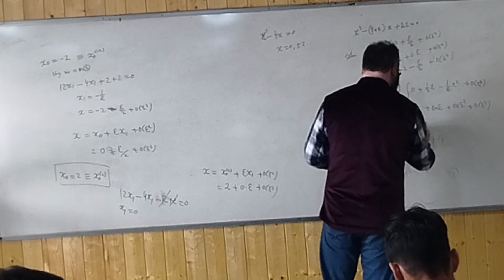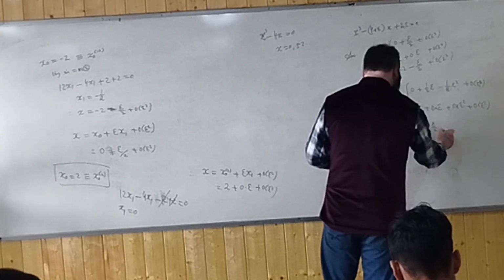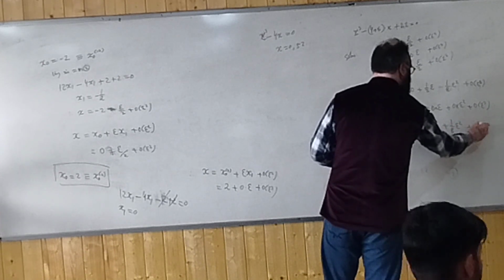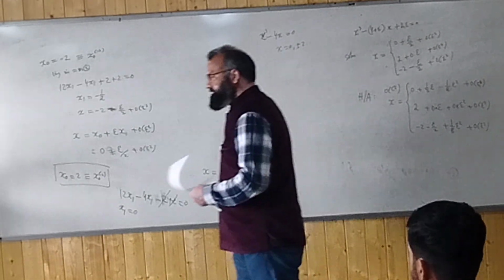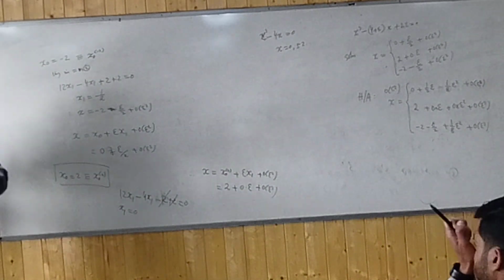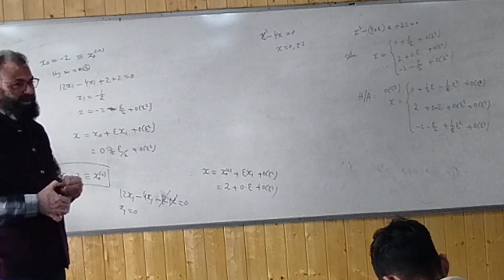You have to show this: minus 2 minus epsilon by 2. So this is the answer. This is very simple. You need to calculate the order of epsilon square equation, and in that very equation, substitute these values.